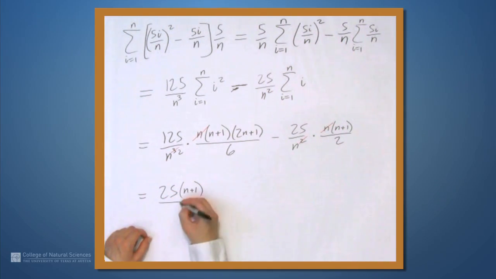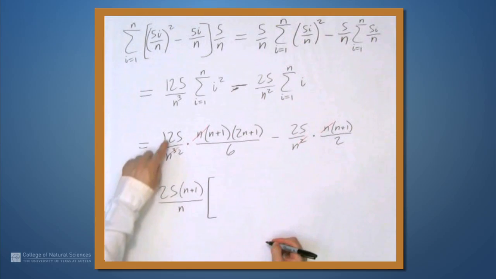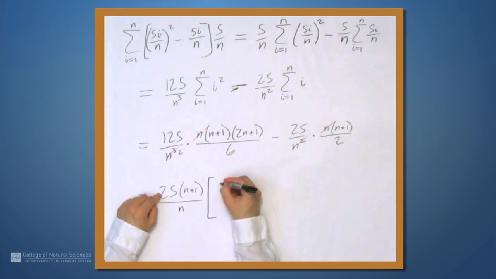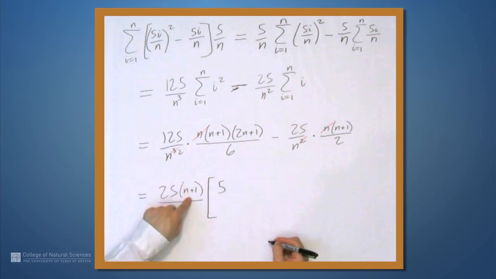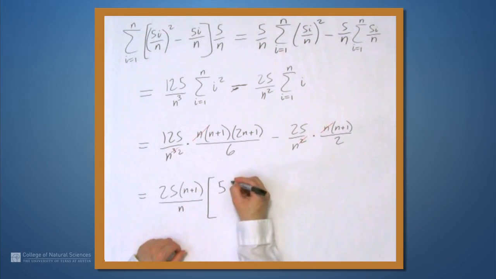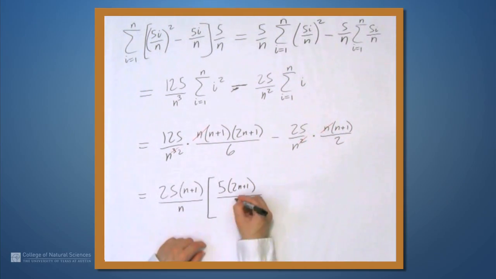So we can factor a single n like this. Then what are we left with inside? This 125, we pulled out a 25. We're left with 5. We pulled out an n plus 1, so we're left with this 2n plus 1. And then we divide by 6.